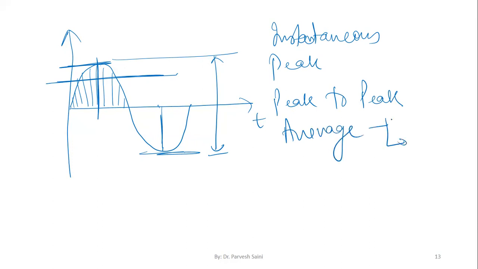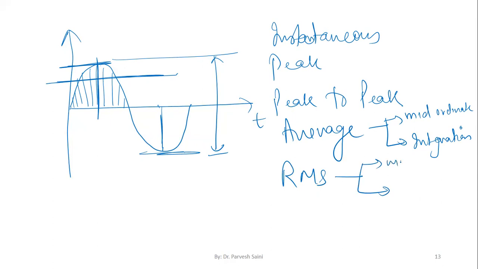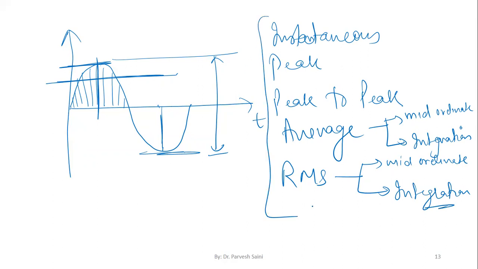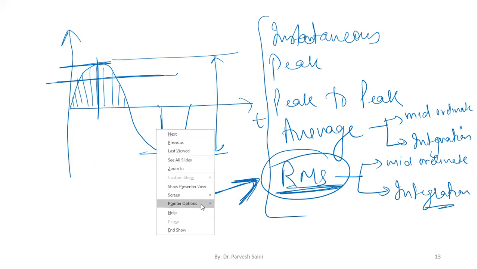In average, we have seen two methods: mid ordinate and integration. Then we have seen what RMS is, and we have also used mid ordinate and integration to find the RMS value. All these values belong to the alternating quantity. However, any alternating quantity is basically specified in terms of its RMS value. So this was all about today's lecture. Thank you so much.